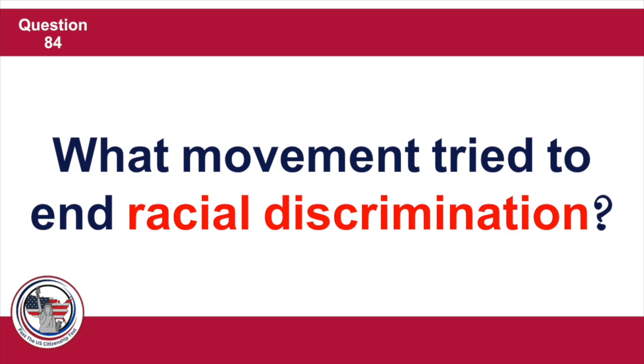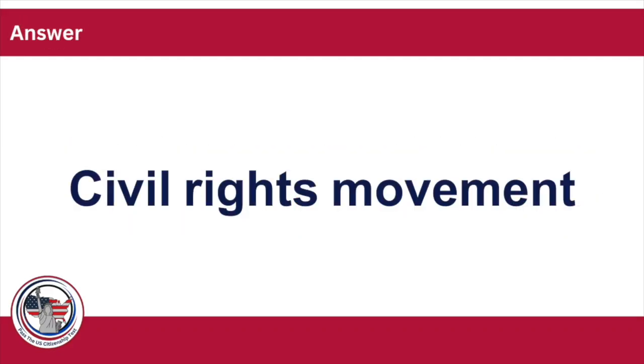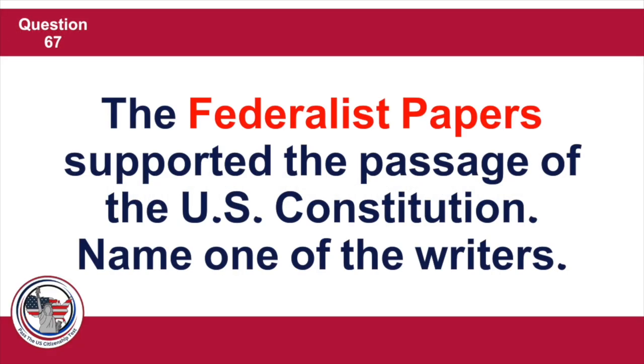What movement tried to end racial discrimination? Civil rights movement. The Federalist Papers supported the passage of the U.S. Constitution.